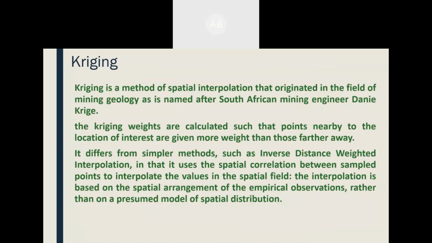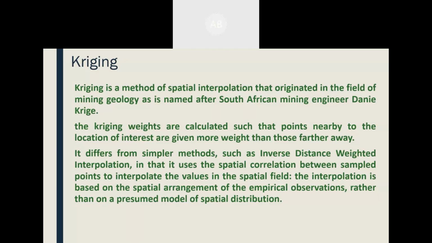So next is kriging. Kriging is something similar to interpolation, but I will not go too much in depth into kriging. It is a little bit more complicated than IDW, but remember, IDW is a deterministic interpolation of a surface, whereas kriging is a probabilistic approach of interpolation.